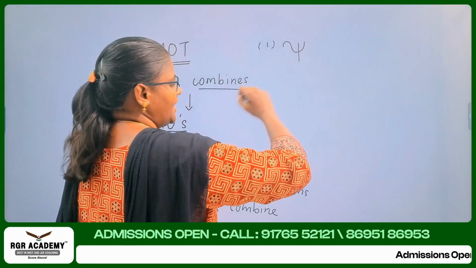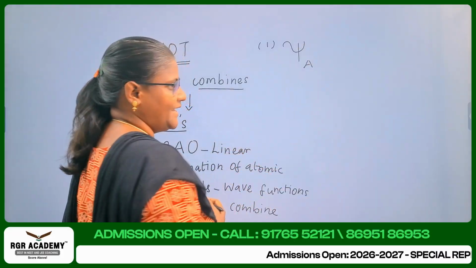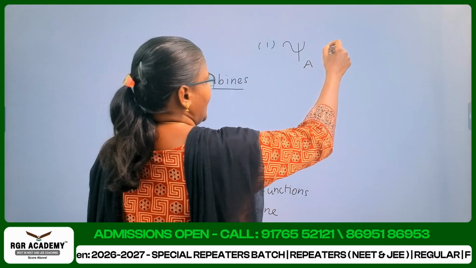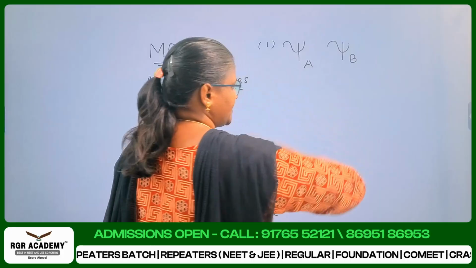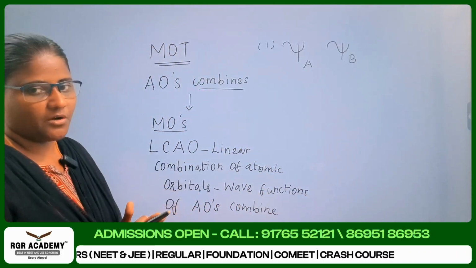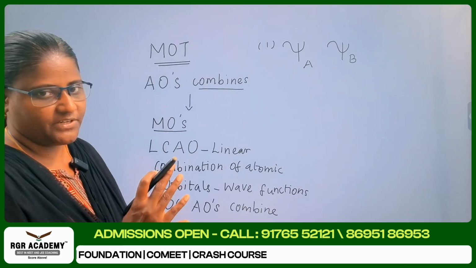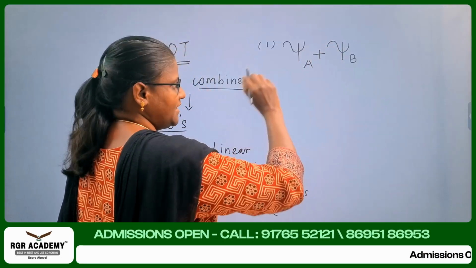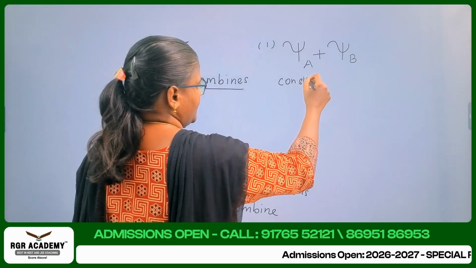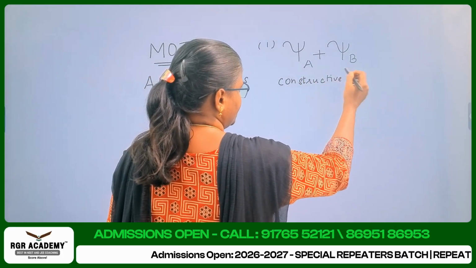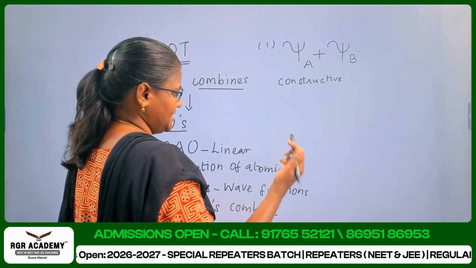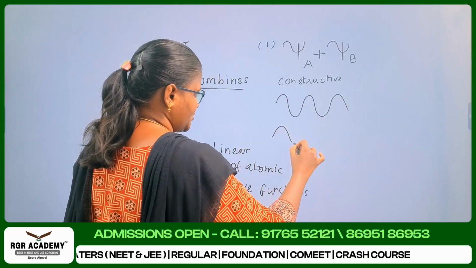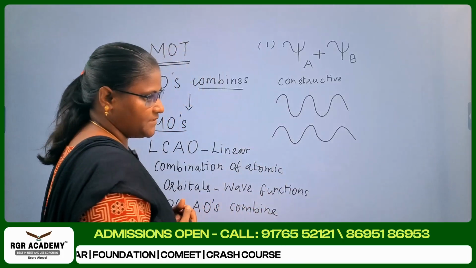Say, for example, I have an atomic orbital of element A, and its wave function is given as psi A. I have another element B, and its atomic orbital has the wave function psi B. If these wave functions add up together, it forms a constructive representation, where the wave function of B is synchronized with the wave function of A.